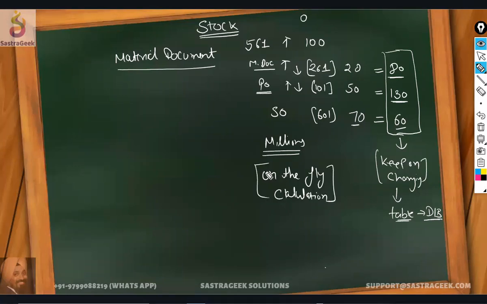So this is called on-the-fly calculation. Our system is not capable enough to do on-the-fly calculation whenever we ask it, go to the material documents, do the calculation, and give us the result back. It doesn't have that much capability.